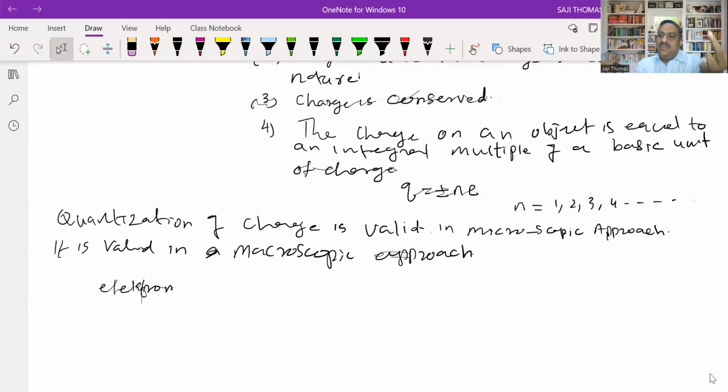That is how they got charged. Here glass rod lost some electrons. That is why positively charged. What about silk cloth? They gained some electrons. So silk becomes negatively charged. Here charges are not created nor destroyed. Total charge is same. Only charges are transferred.